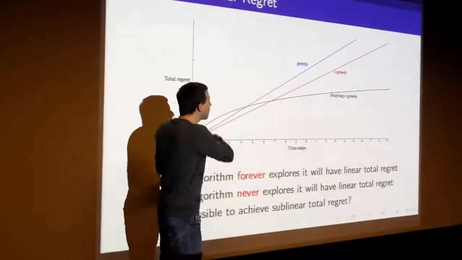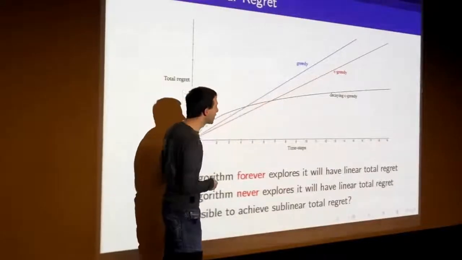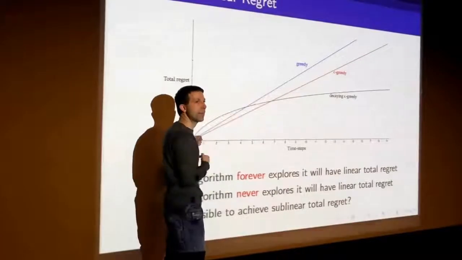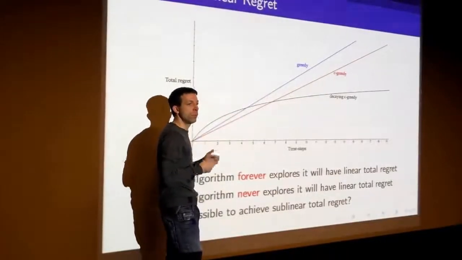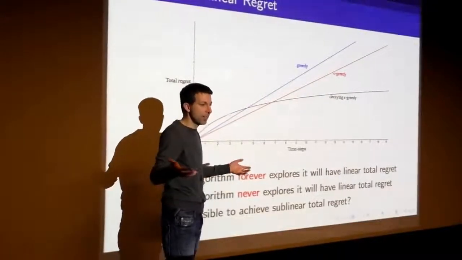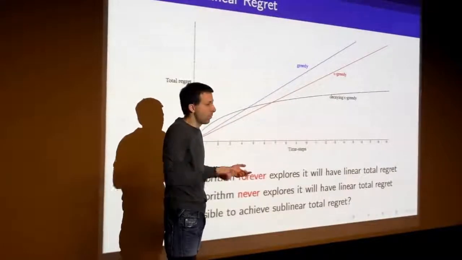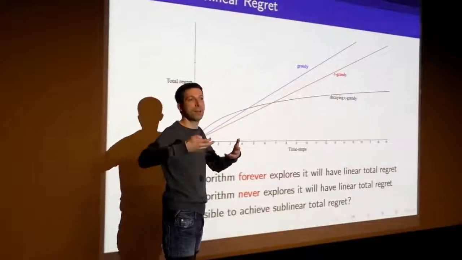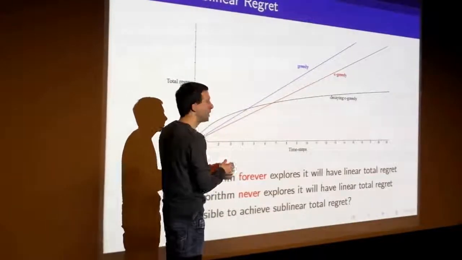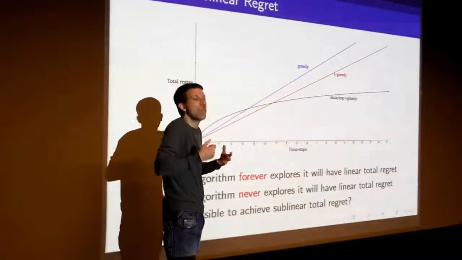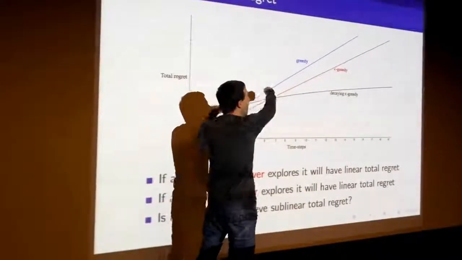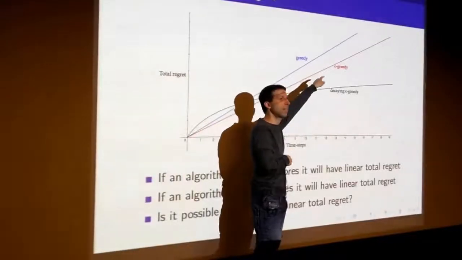So if we keep picking randomly, we're just adding on a constant amount of regret every step in expectation. Each of those actions will incur some opportunity loss, and that just keeps getting added on linearly every single step when we act epsilon greedily.